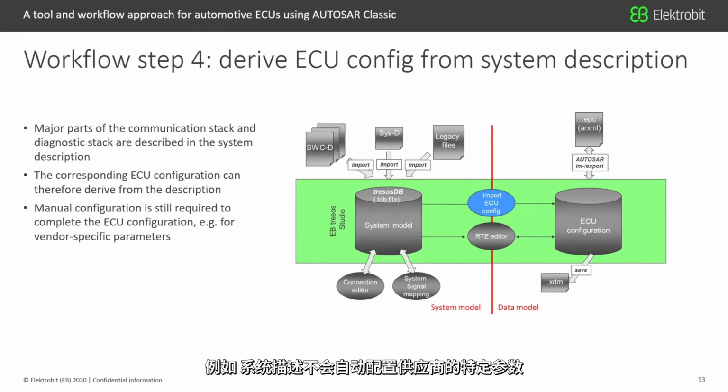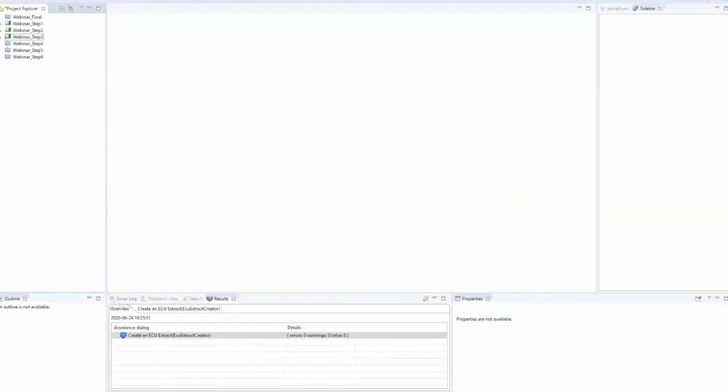Just to mention a few things, for example, vendor-specific parameters, of course, will not be configured automatically by the system description. The assistant which will support this activity is called Create an ECU config. And I will show you this in the tool again.